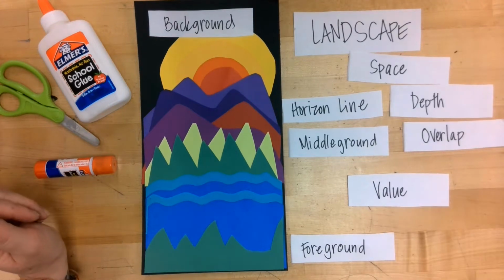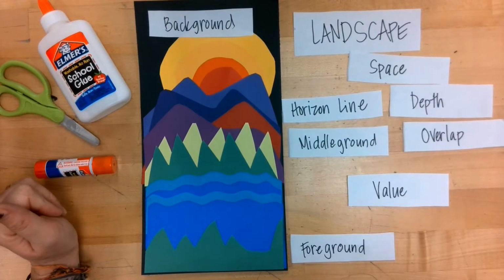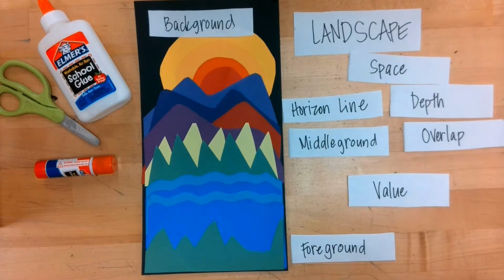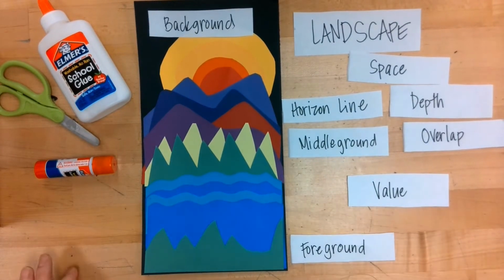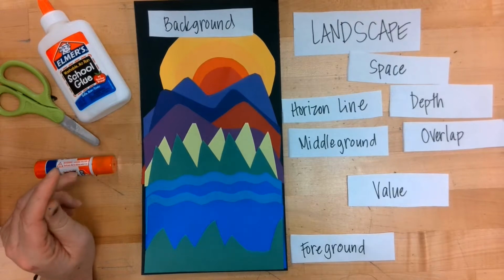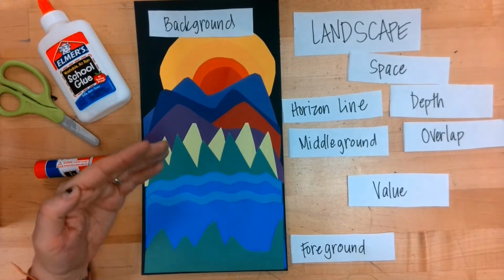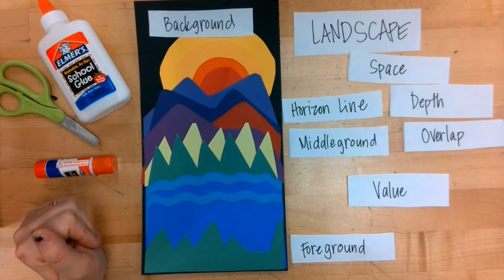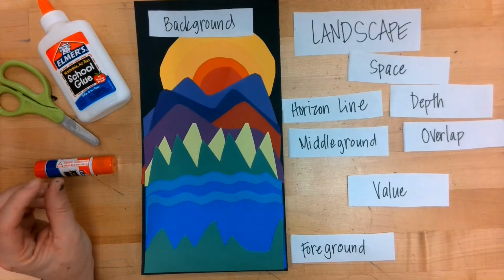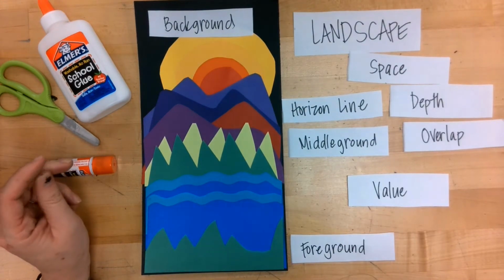One last term that we can use that's important for helping show depth and space within a landscape is by using our color strategically. We'll be using different values of the same color to show that depth, what is closest to us versus what is further away. Value refers to the lightness or the darkness of a color.